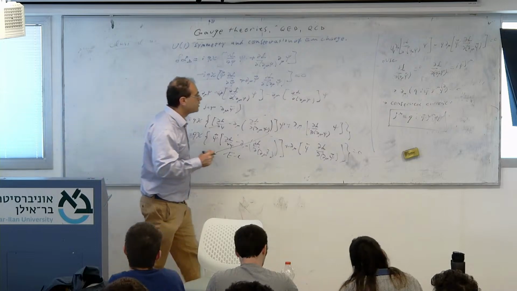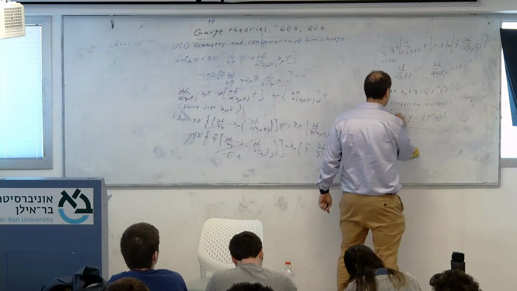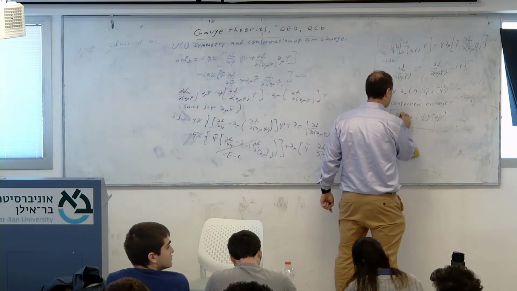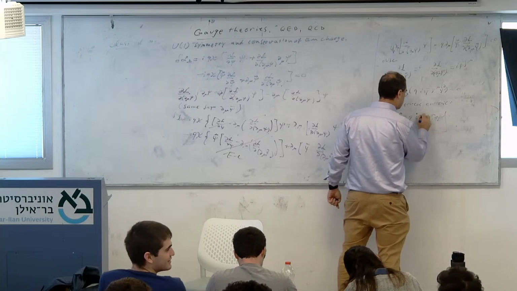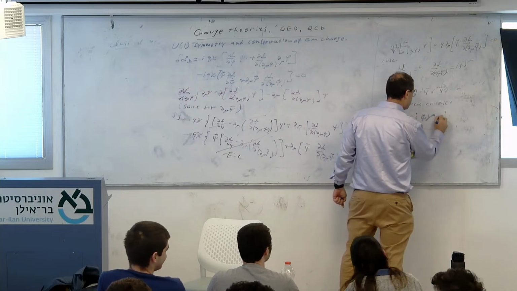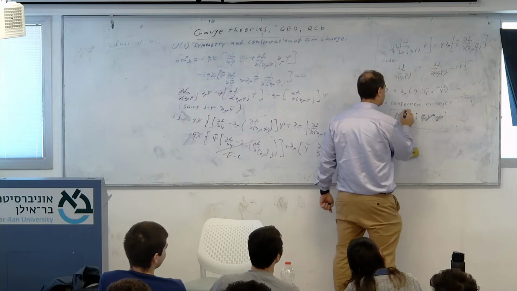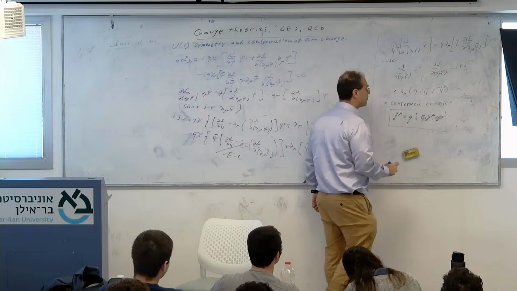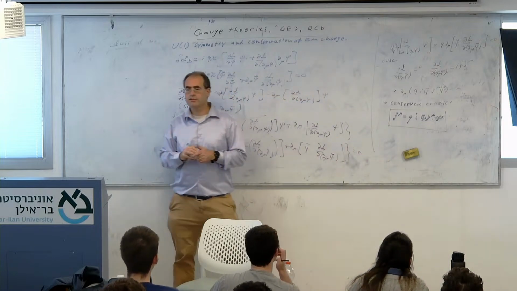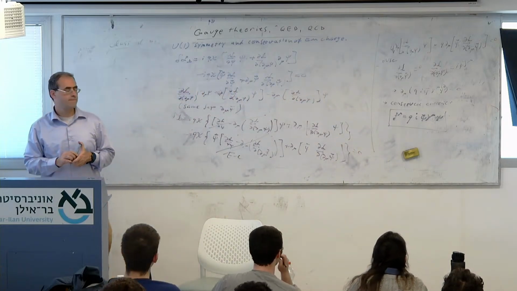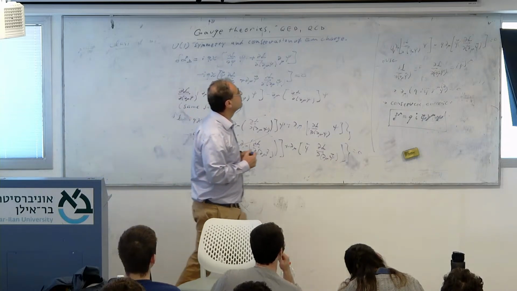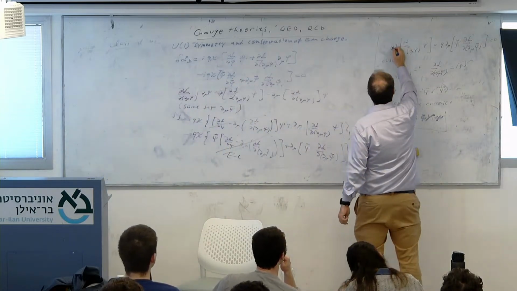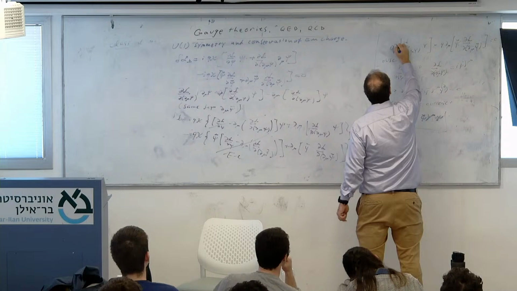It's hard to distinguish what's written on the right side. i psi bar gamma mu psi. This is the conserved Noether's current. Yes, question? What is written on the top right? Q d mu.